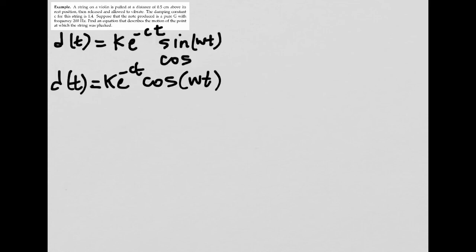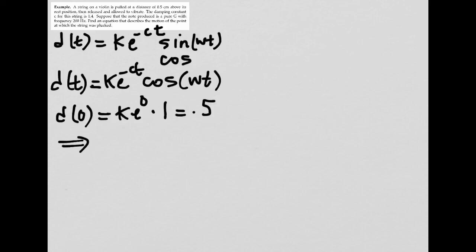Now, d of 0: the string was pulled from resting position at t equals 0. Well, that's K e to the power minus c times 0, that's 0. Cosine 0 is 1, and they tell us that this is equal to 0.5.